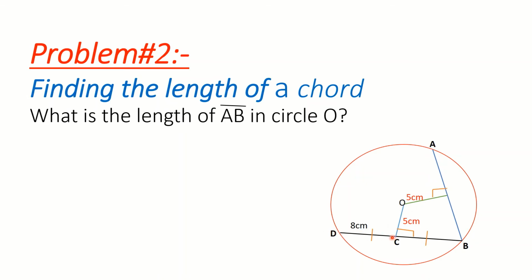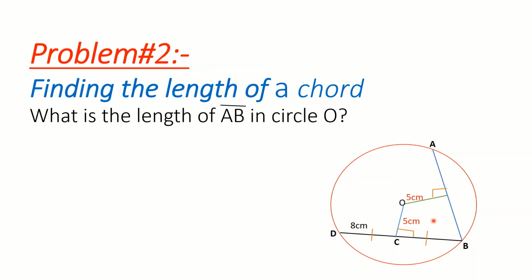DC is 8 centimeter, but this is congruent to CB, and O is the center of the circle, which is 5 centimeter from AB, and again 5 centimeter from DB.